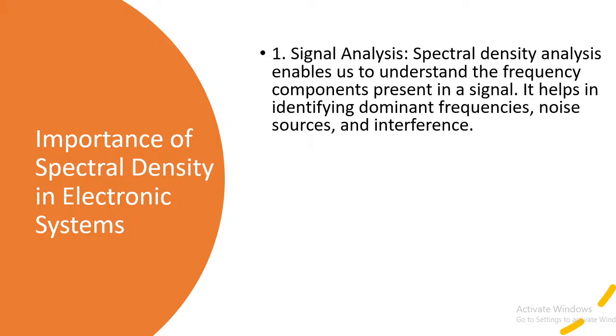Once you look at the power spectral density spectra, or the graph, you can see that two graphs are superimposed. If two or more graphs are superimposed, one graph is your original signal, and the other graphs are from other sources. So those are interfering signals. So it helps us in signal analysis.